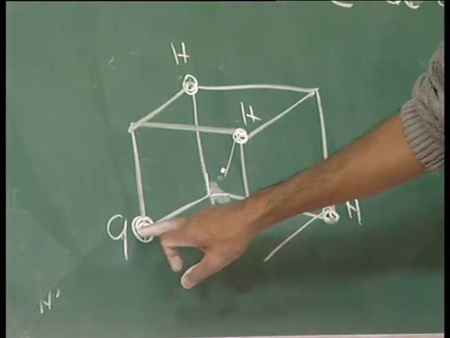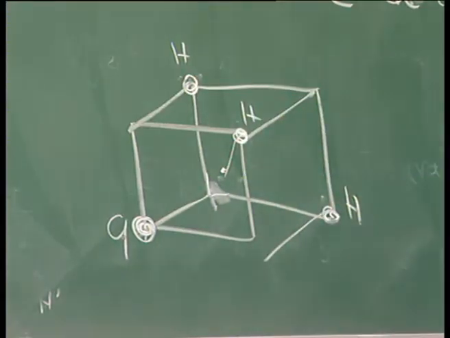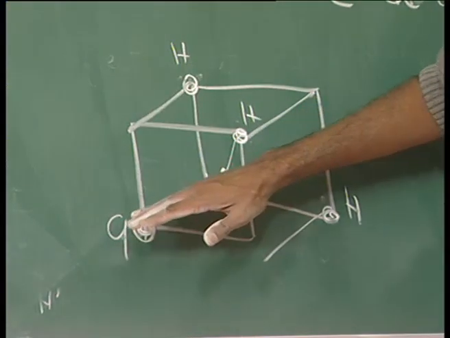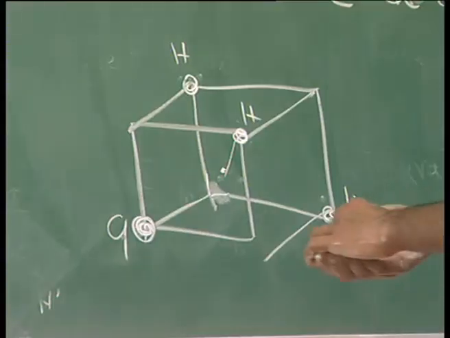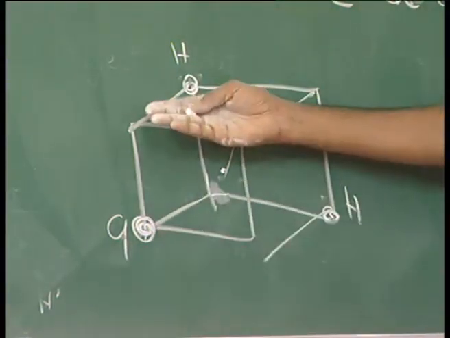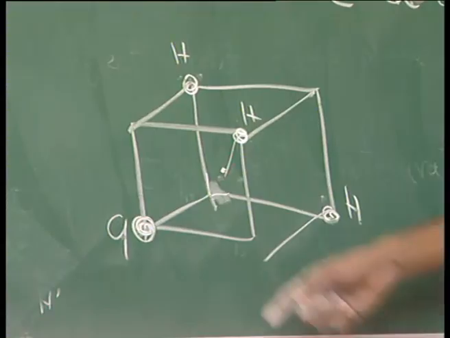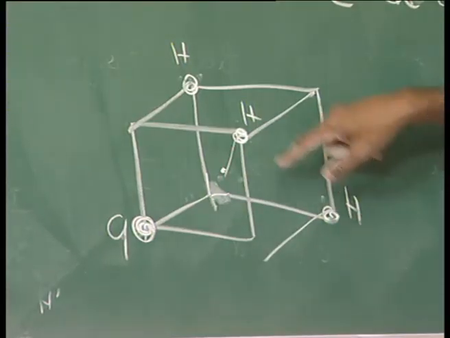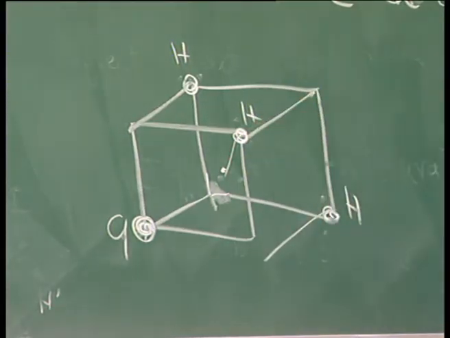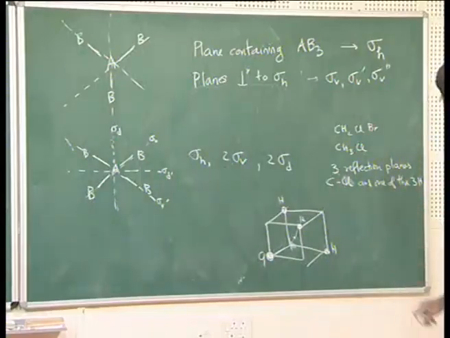Then you could have C, Cl and this H, which will go in between these two, and it will switch these two on reflection. So you have 3 reflection planes for CH3Cl.